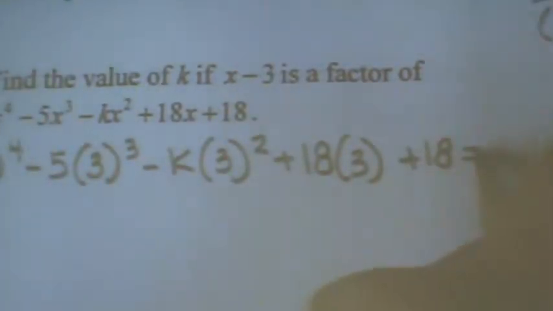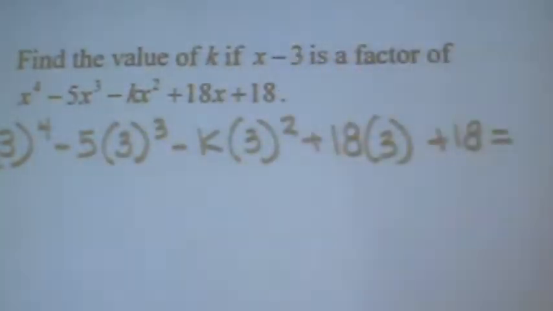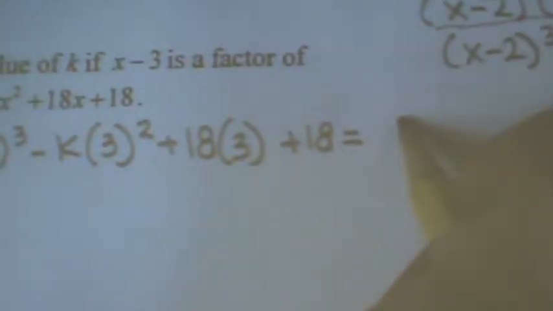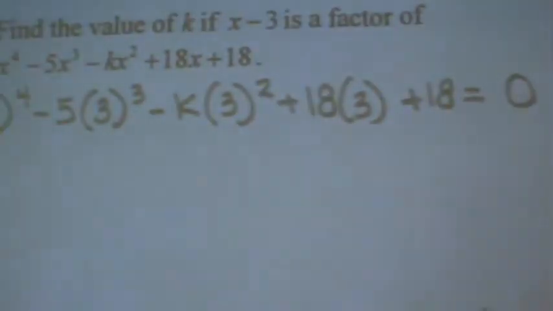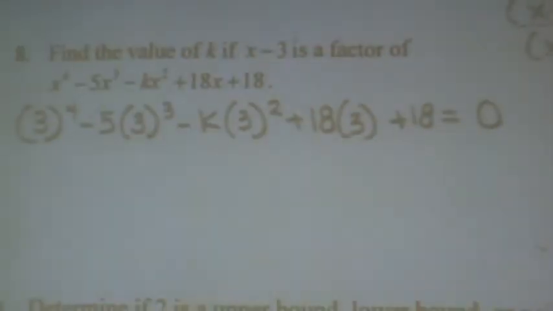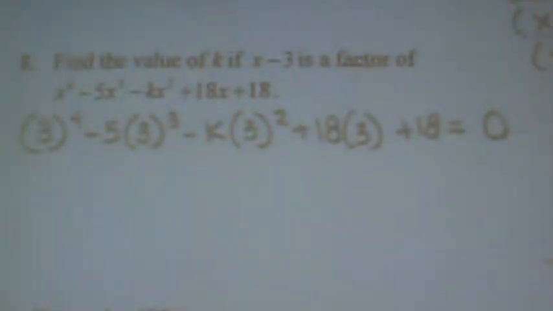What would I get if this goes into this? What would I get for a remainder? 0. So what you would do is evaluate this for equaling 0 using k as a variable.